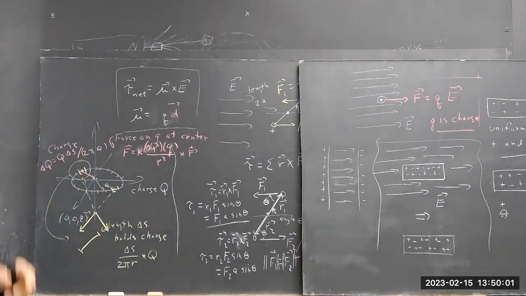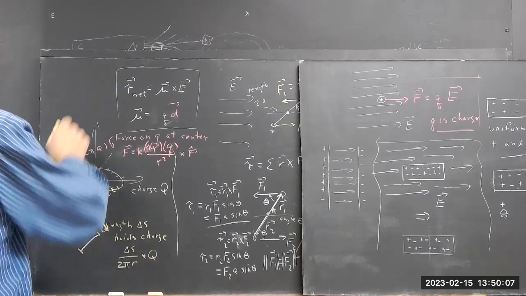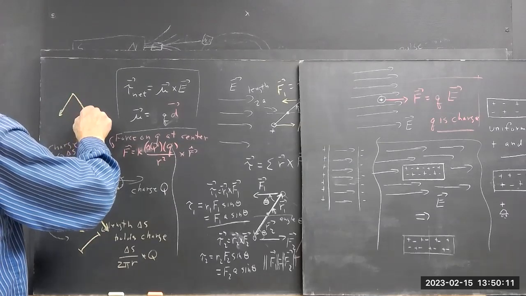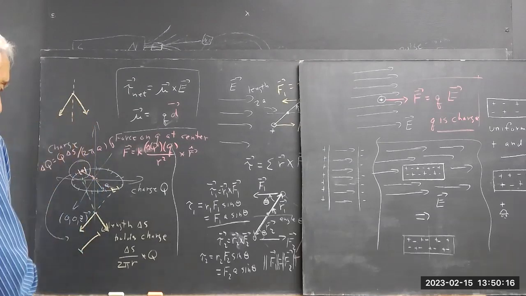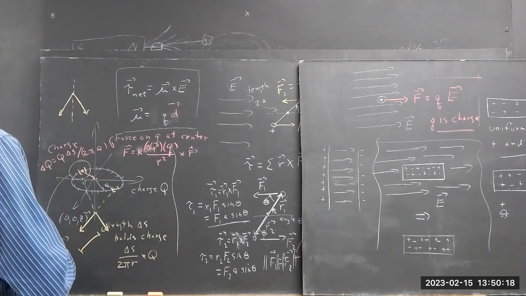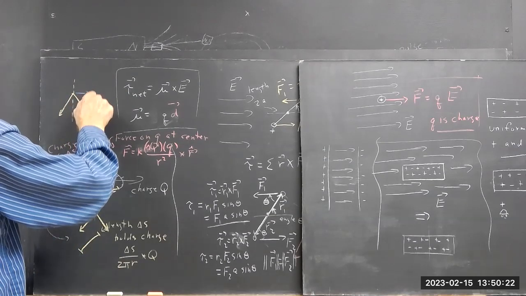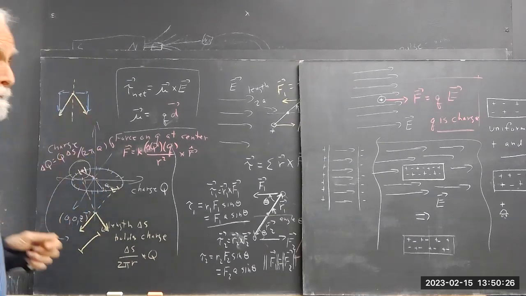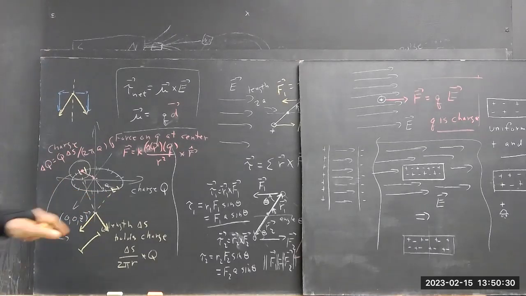Okay, which means that these vectors resolve into components like so. Then the angle, you can figure out what the angle is.